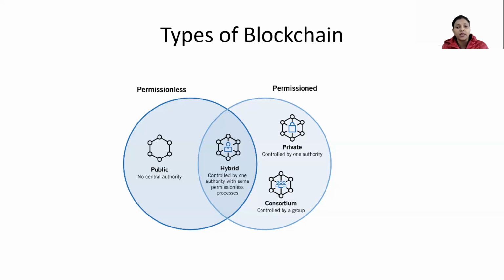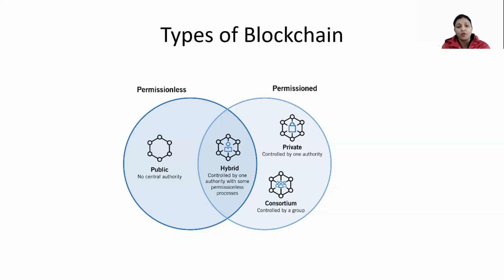In a private blockchain, a person becoming a part of the network needs permission from the authority. There is an authority who will allow you, on the basis of its requirements, what type of person it will add to its blockchain. So there is some restriction on participation in a private blockchain.